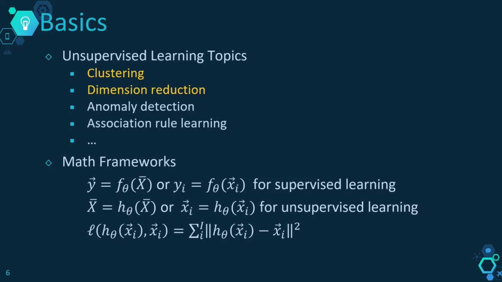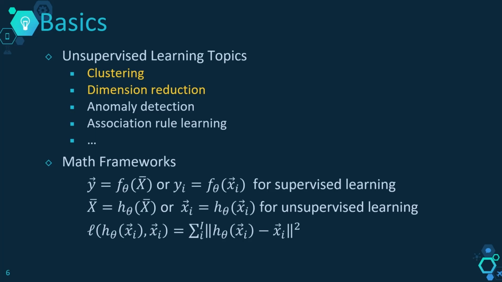And we also have some other topics such as association rule learning. There are actually more of them. In the old days, supervised learning was kind of predominant. When you talked about machine learning, many people assumed that you were doing supervised learning. But these days, unsupervised learning has been getting more and more popular. So we need to know something about it.